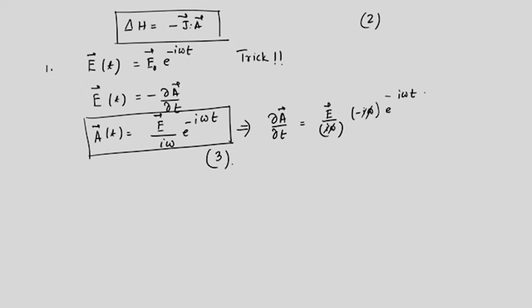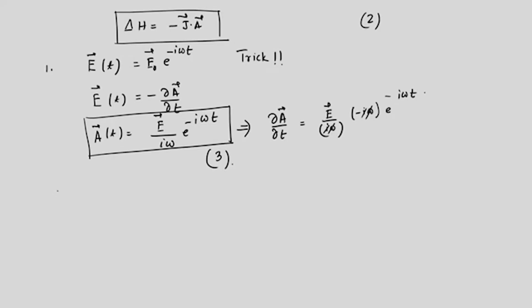So, we have to find this perturbation term, which has a form j dot A, and A is assumed to have a form like this. At the end, after we do all the calculations, we will put omega going to 0 to take the DC limit. Okay. All right.